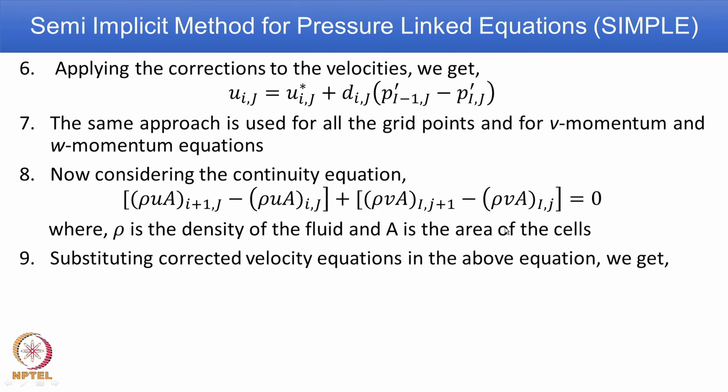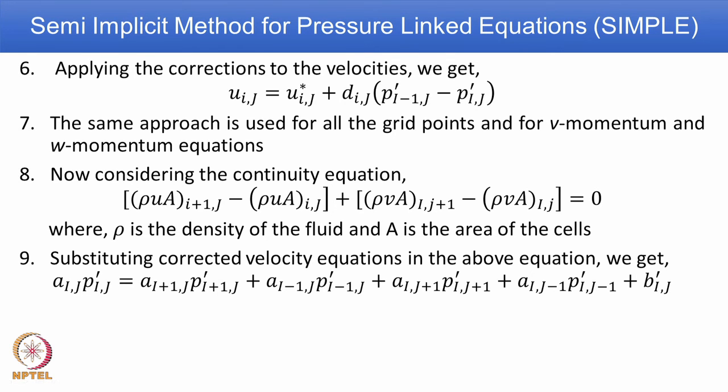Now, if you substitute the corresponding expression in terms of pressure correction into the discretized continuity equation, then we get the equation as shown here. This equation is an equation for pressure correction in the node of interest, where the pressure correction that needs to be obtained is on the left hand side and all other terms are brought to the other side.